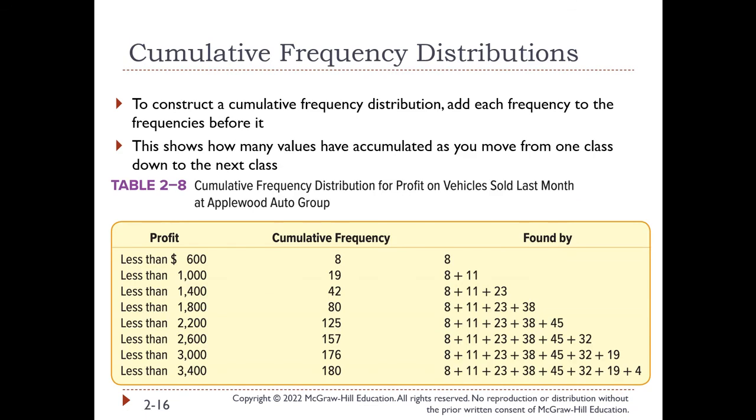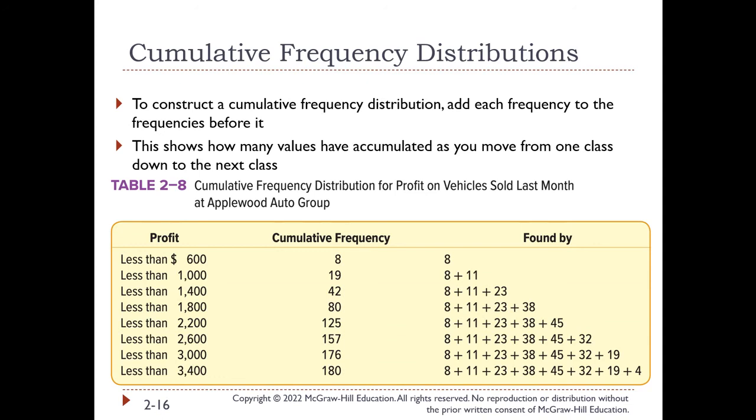Alright, so next we have cumulative frequency distributions. This is mostly when we want to see a total of less than the amount or item that we're looking at. So it's like, who sold less than 20 cars?